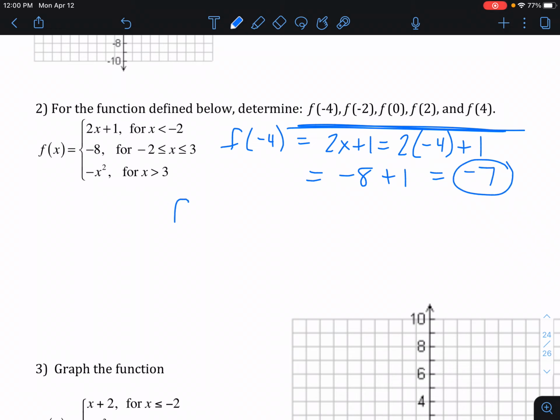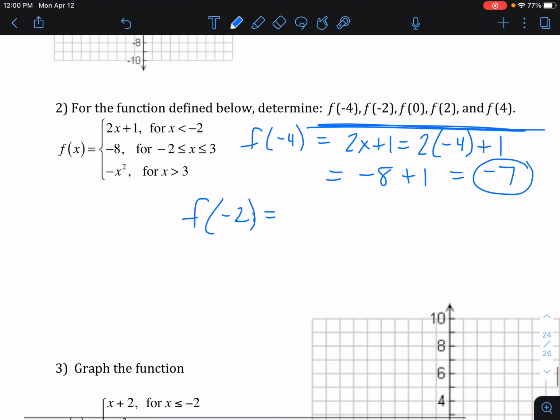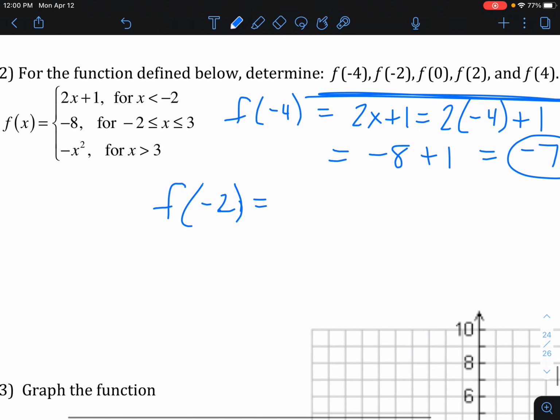Next I move on to f of negative 2. Is negative 2 less than negative 2? No, it's equal, so don't use that one. There's no underline there. We would use this one here because of the underline.